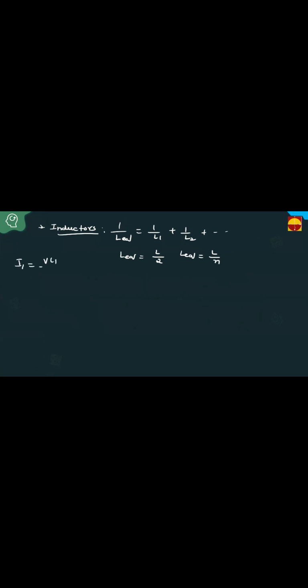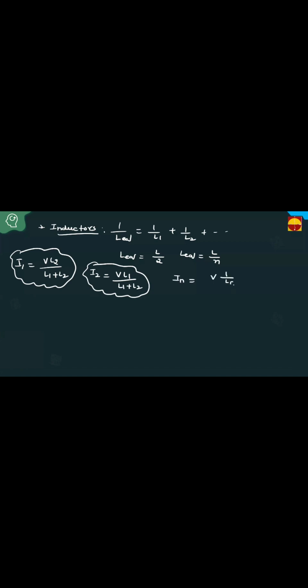V into L2 by L1 plus L2, similar to resistors. How to calculate I2? I2 equals V into L1 by L1 plus L2. To calculate In, In equals V into 1 by Ln by 1 by L1 plus 1 by L2 plus and so on, similar to resistors. But it is 1 by inductance, don't write conductance.